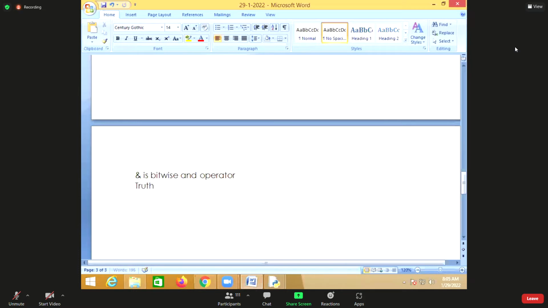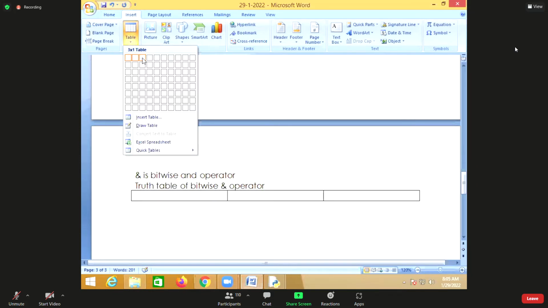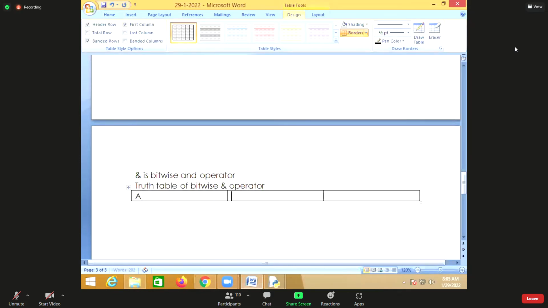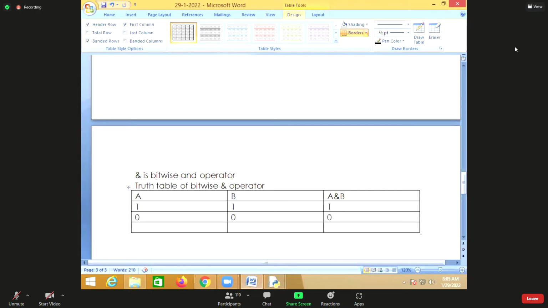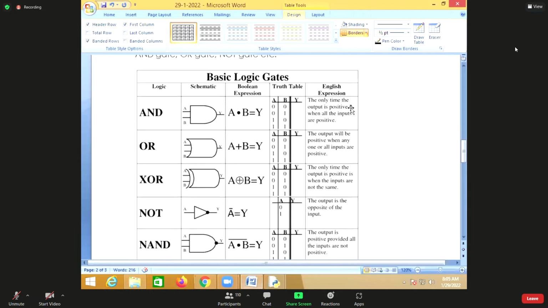If you see the truth table of the bitwise AND operator, it is like this. This is A, this is B, and this is A and B. If A is 1 and B is 1, it is 1, and 0, 0 is 0, and 1, 0 is 0, and 0, 1 is also 0. So the only time the output is positive is when all the inputs are positive.